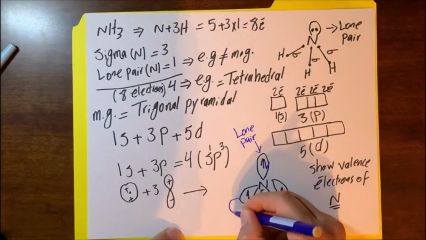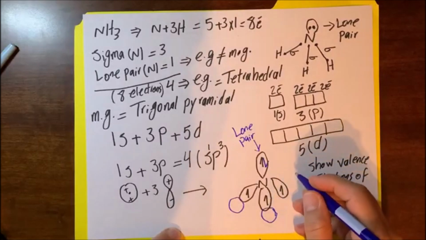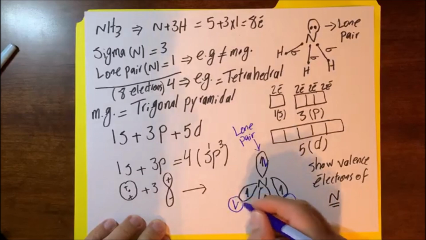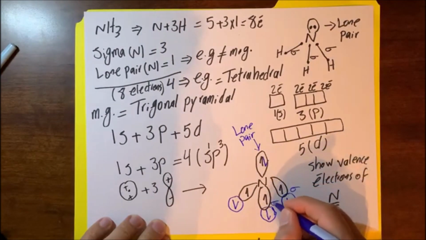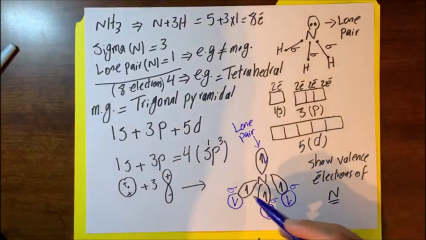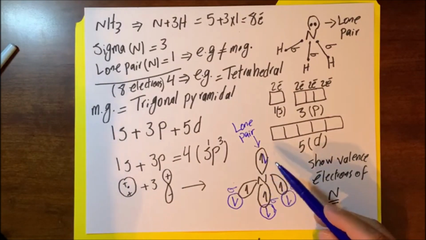That means hydrogen can reach nitrogen from these directions, and we will get 3 sigma interactions. So this cartoon is showing you hybridization.